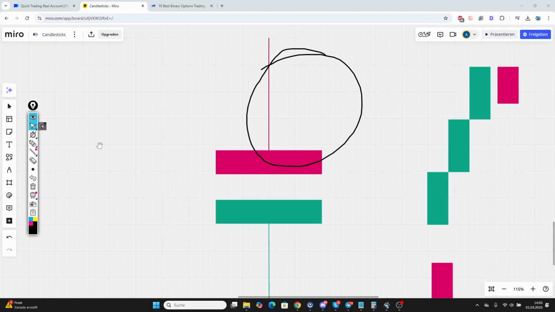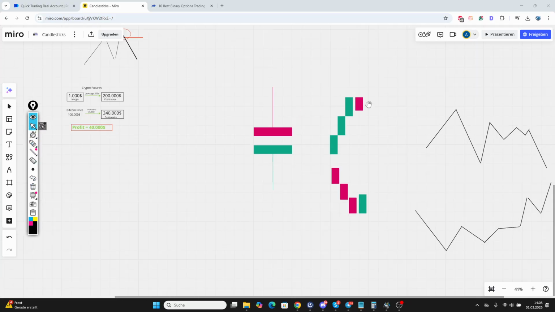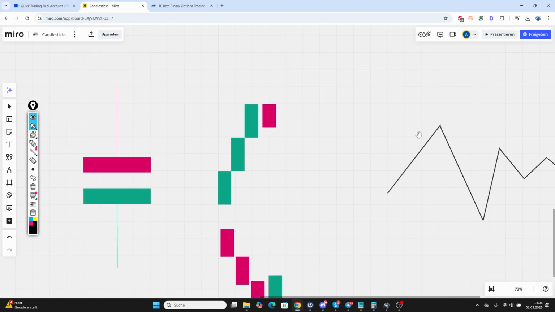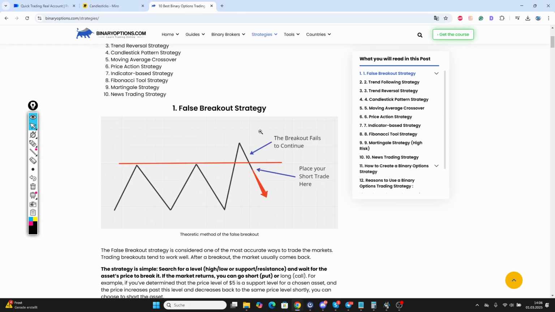This would be 90 out of 100. You will be right, because the market likes to do these fake breakouts, and if it's a real breakout, you don't see these fakes. If you see them, you can trade them easily with this strategy.